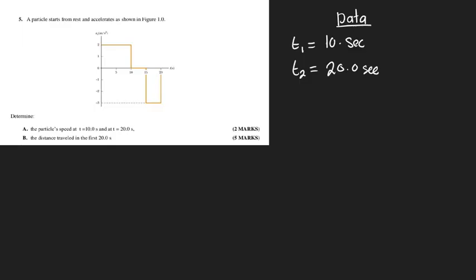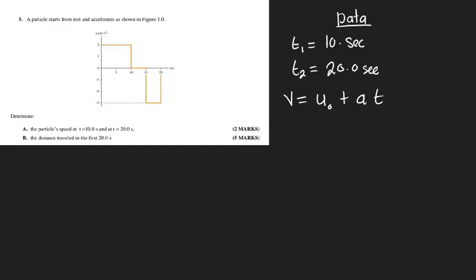Then we have been asked to find the particle speed, but we know that the speed, implying the velocity, is equal to the initial velocity plus the acceleration multiplied by the time. That is exactly the formula that you are going to be using.